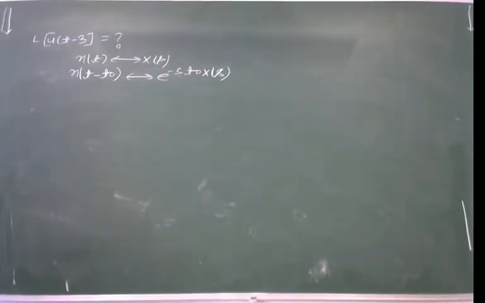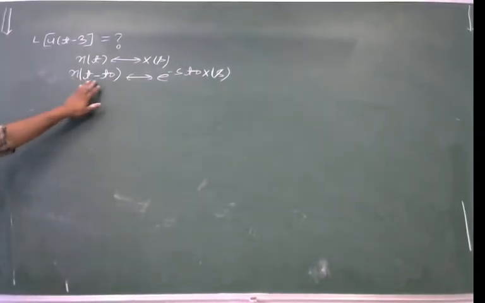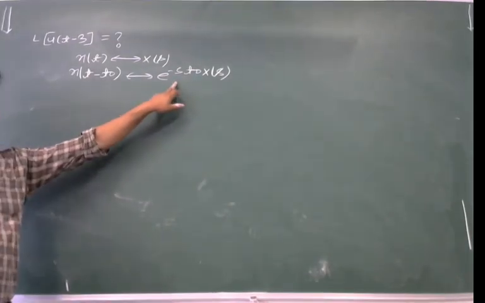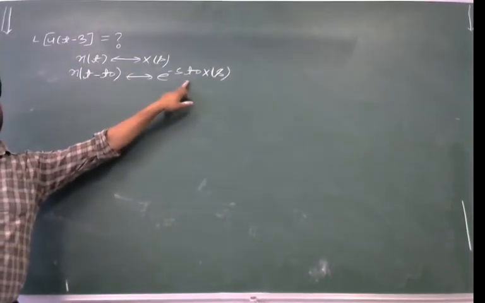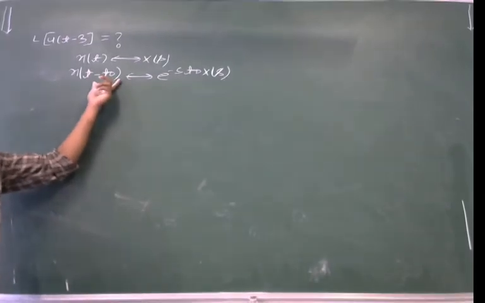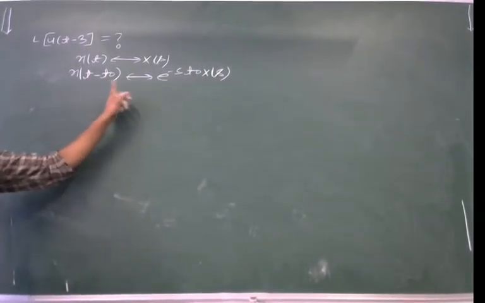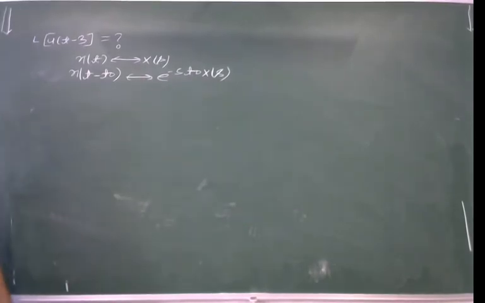It means that if we shift the signal in the time domain, then we have to multiply with an exponent in the s domain. If it is minus t naught here, this will be e power minus s t naught. If it is plus t naught here, this will be e power plus s t naught in the s domain.